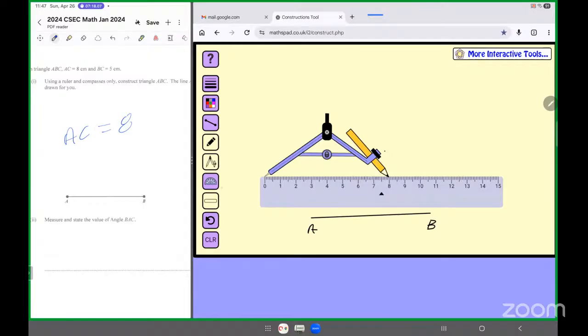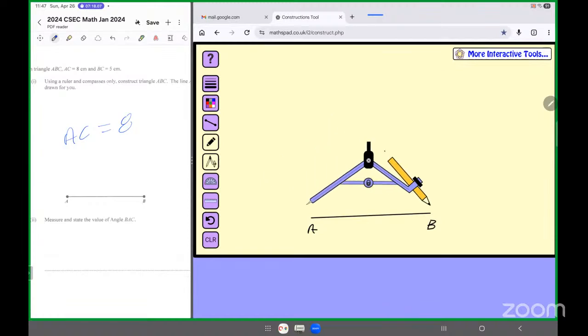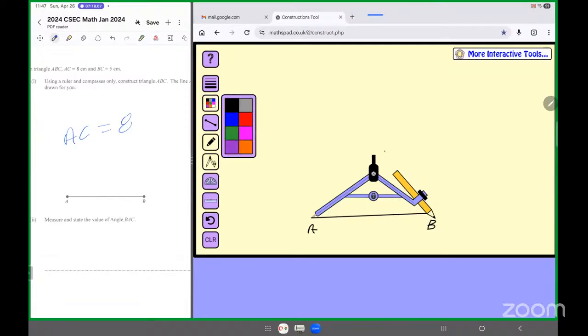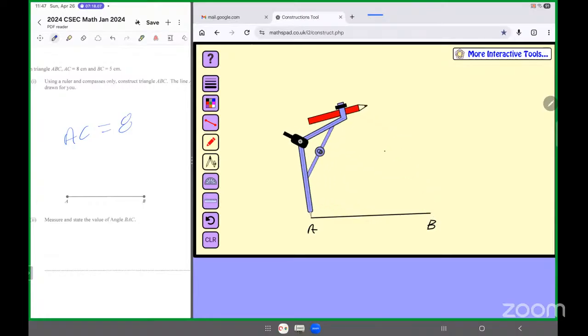Lock it. On this end, I'm going to make an arc that is 8 centimeters. Let's make it in red. So up here, you're going to make an arc that is 8 centimeters.